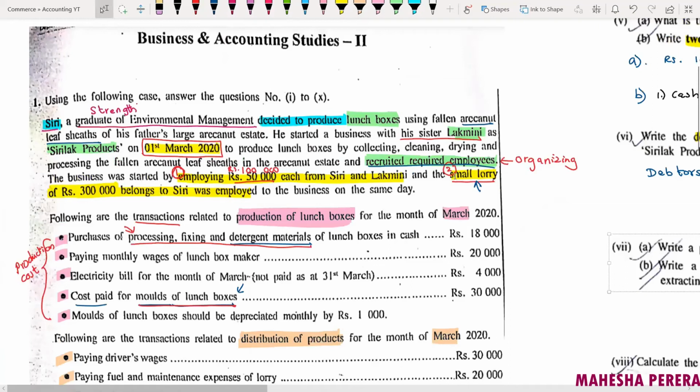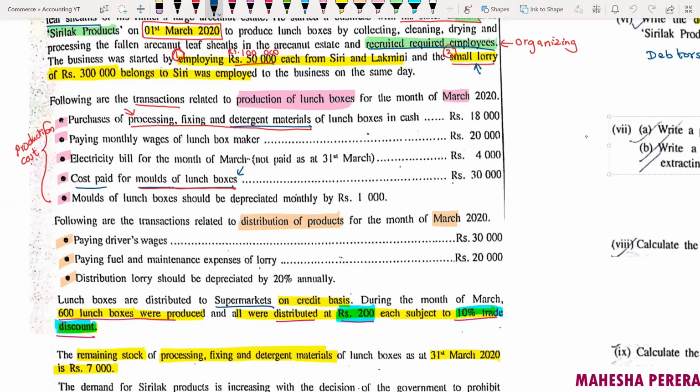If you go through the transactions, most of these transactions are cash transactions, basically cash receipts and payments. This one is a cash payment. The next one also cash payment, paying wages. Electricity bill, cash payment. Cost paid for molds, cash payment.